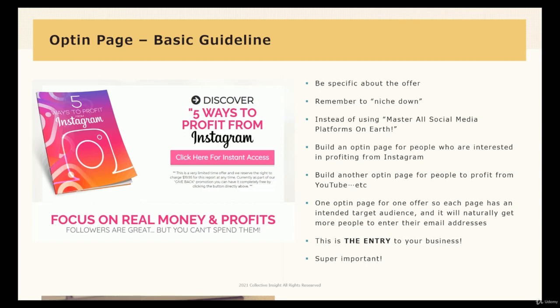One for Instagram, one for YouTube, and another one for Facebook, for example. What's good about that is each opt-in page is targeting one specific target audience, okay? And generally splitting it up works better than having one opt-in page only.